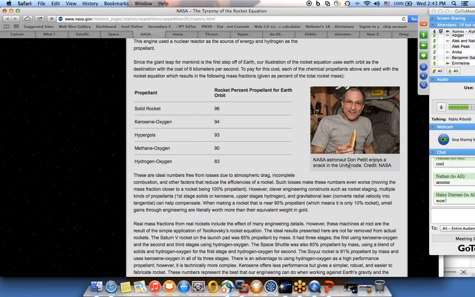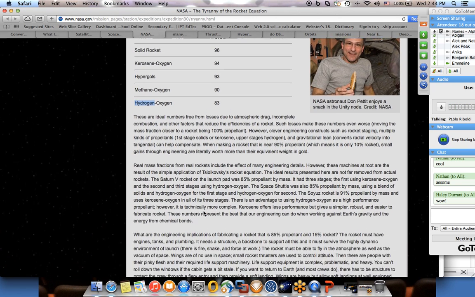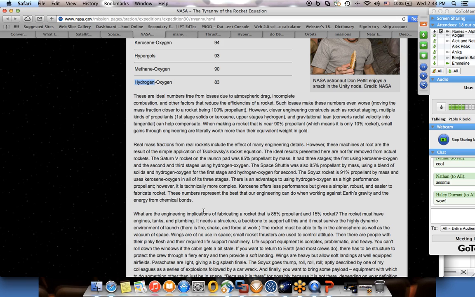The problem with these propellants is that they need to be kept very cold, okay, because in order to have liquid oxygen, you have to cool it down, or to have liquid hydrogen or methane, you have to really cool it down, pretty much to near absolute zero.